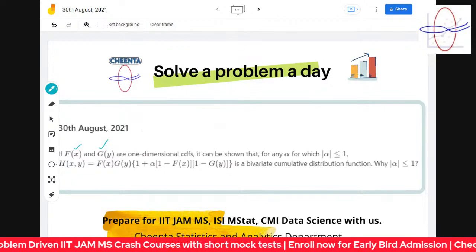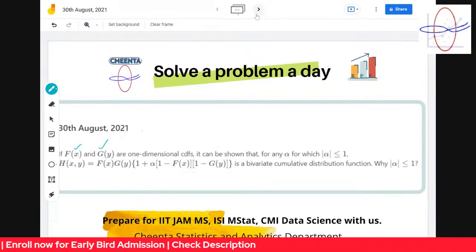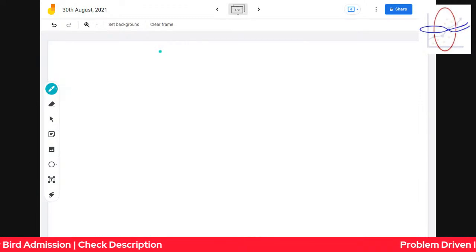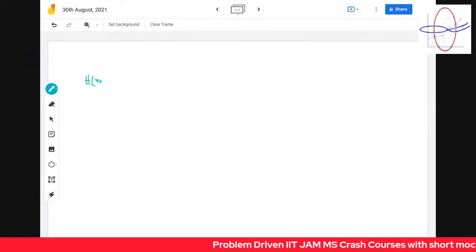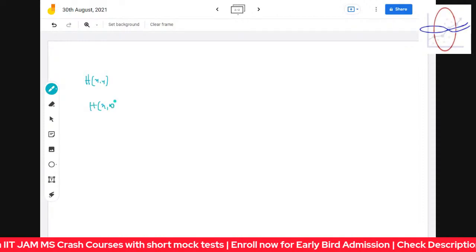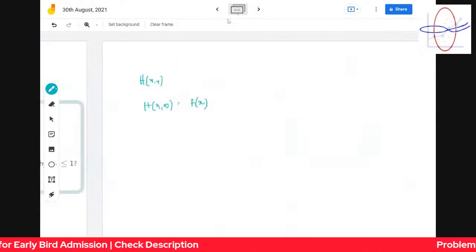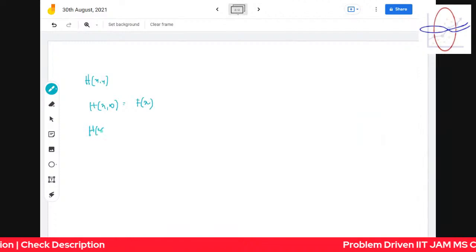I have done a similar problem a few days back. When you see a bivariate function and want to show it is a bivariate CDF, you have to check a few conditions. You have to check that h of x comma infinity is F of x, the CDF of x, and h of infinity comma y is equal to G of y.